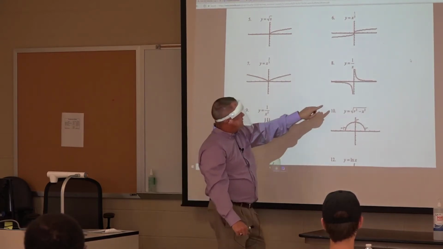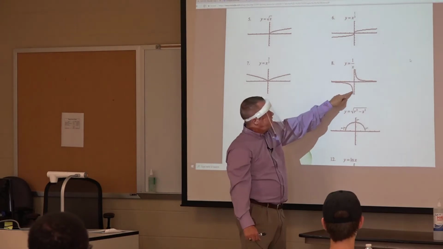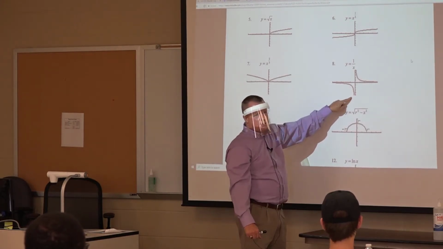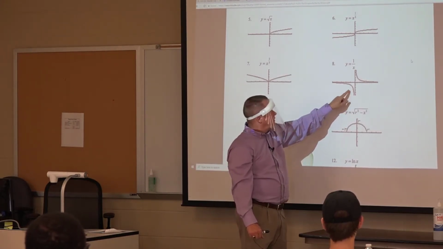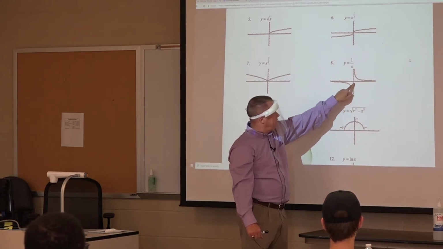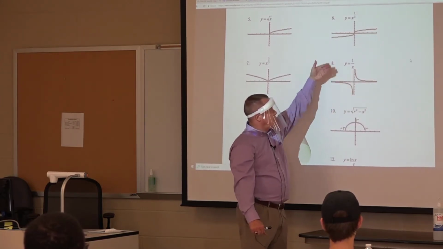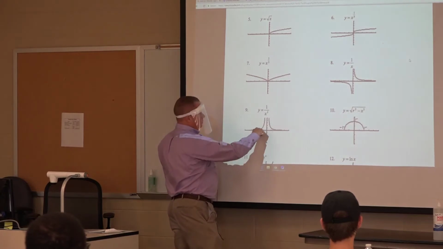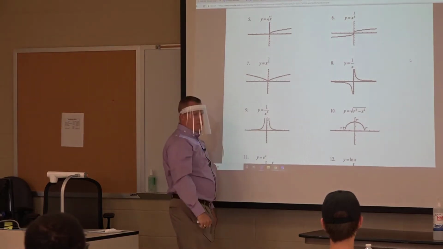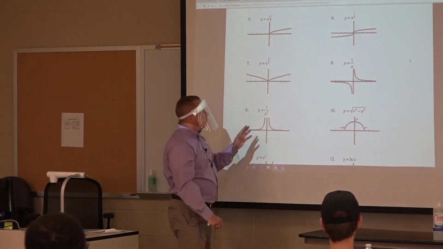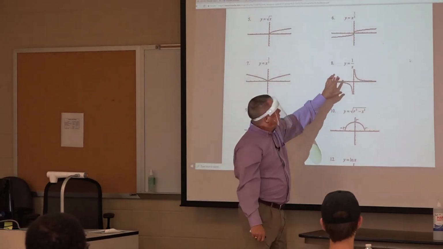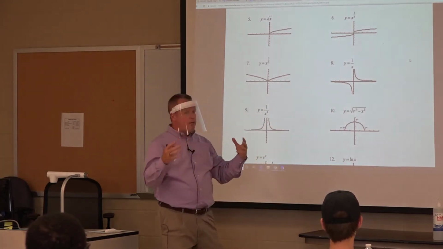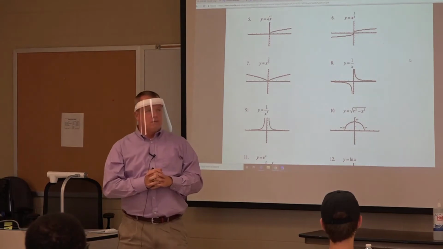And then what happens to this side over here when you square x? Then all these negatives, which were negative here, will become positive, and that flips this side up to where it looks like this.